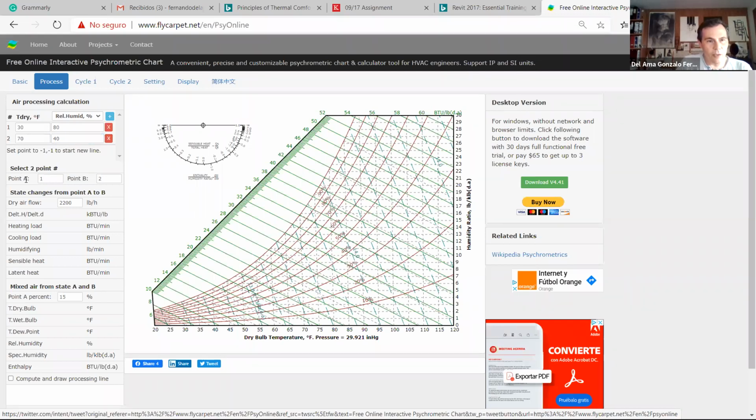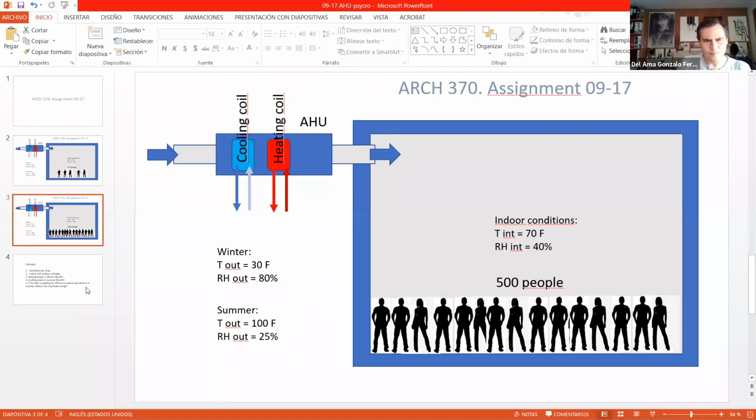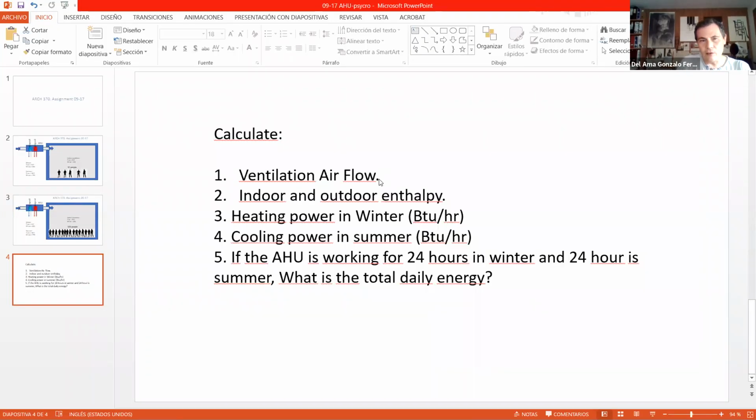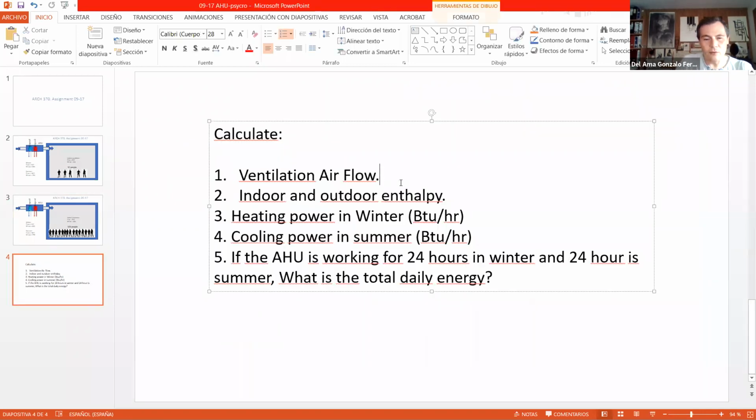Now we are going from point A, which is number 1, to point B, which is number 2. Number 1 is outdoors, number 2 is indoors. Now we have to calculate the dry airflow in pounds per hour. So I open this, and the ventilation airflow, when we have 500 people, would be 500 times 20 CFM.